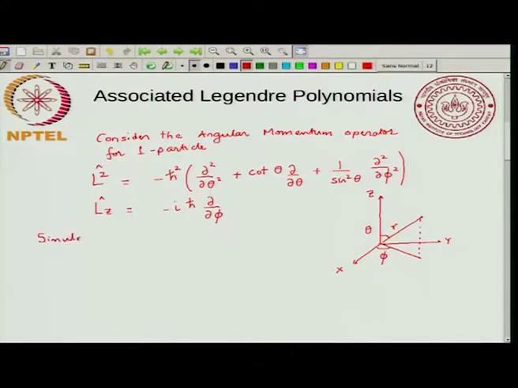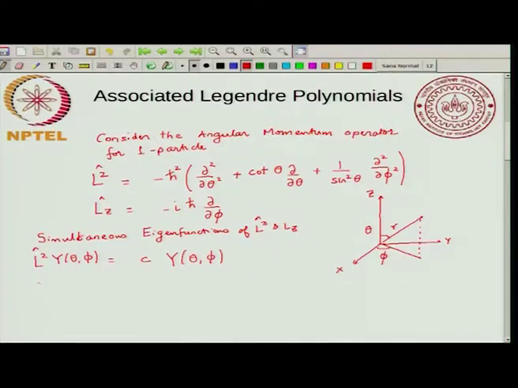Now the problem that we are interested in is finding simultaneous eigenfunctions, as they are known in quantum mechanics, of L square and Lz. We will denote these functions as y of theta phi. So what are the properties of y? If you take L square operated on y, you should get some constant, which I will call c, times y, where c is independent of theta and phi.